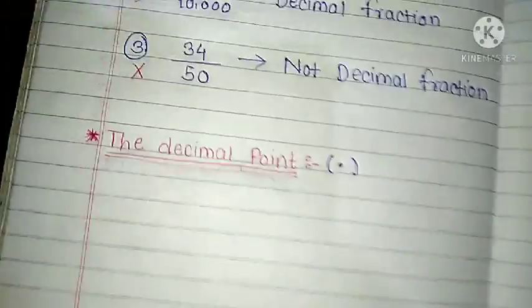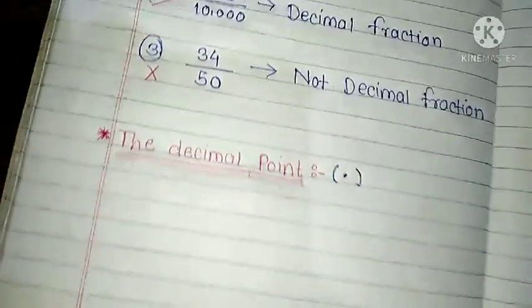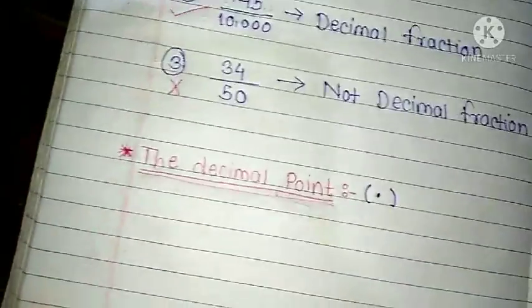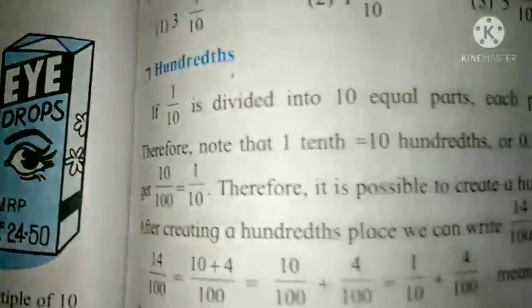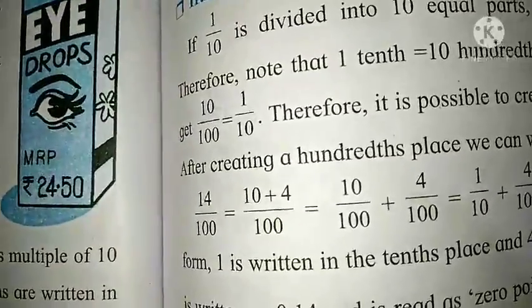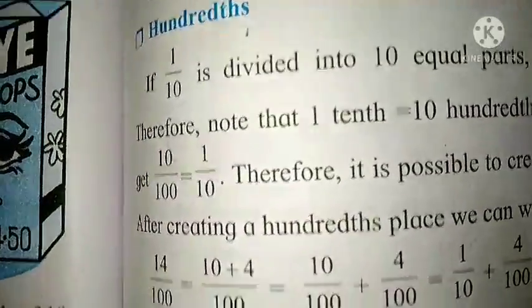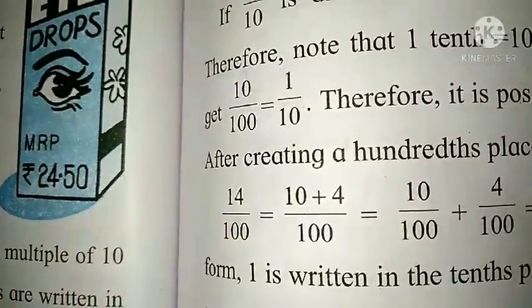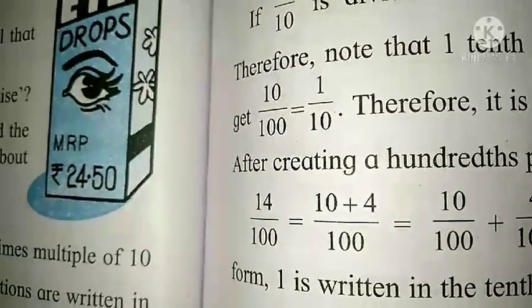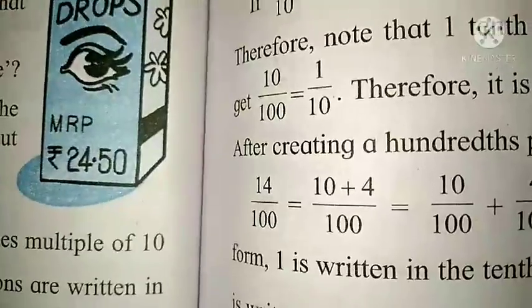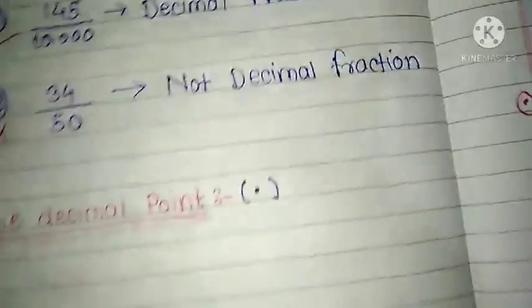When you go to a market, most products have a price in point format. Look at this: one eye drop is given, and its MRP, the maximum retail price, is 24.50 rupees. This point is called a decimal point.